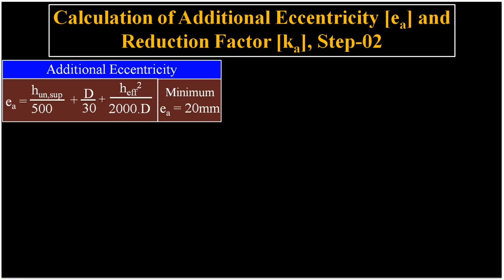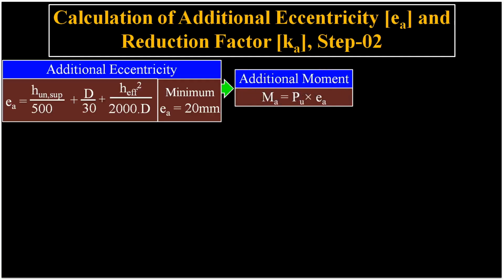And if this value is less than 20 mm, we have to adopt 20 mm as an additional eccentricity, EA. Additional moment, MA. Now, we are seeing the additional moment MA equals Pu multiplied by EA.